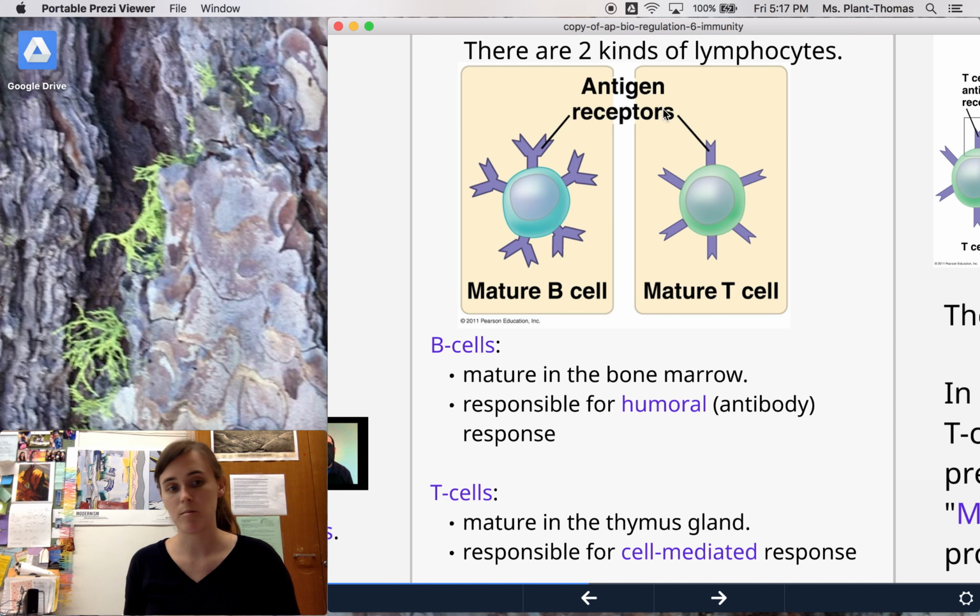It also could be on a perfectly good cell. But for the purposes of this lecture, we're usually talking about antigens from pathogens. We're talking about the specific immune response here. These antigen receptors are for a very specific antigen, and I'll explain what I mean more about that now.